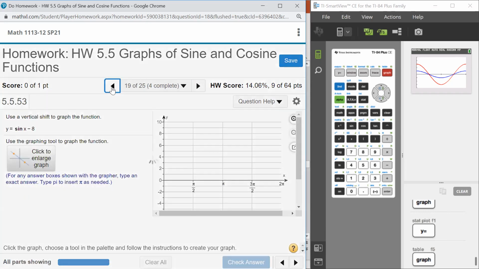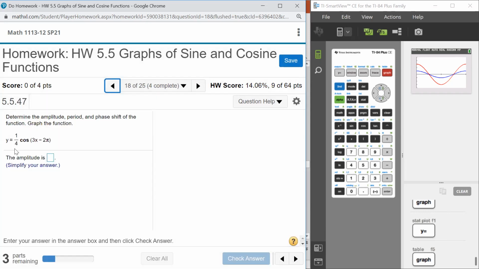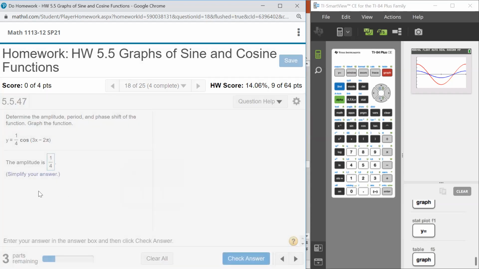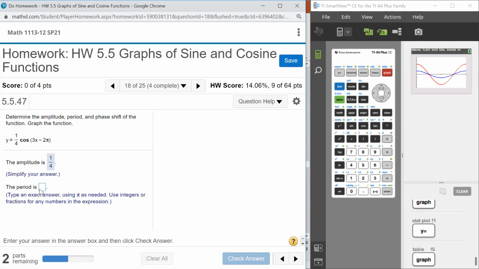Okay, let's do this one. Amplitude is A, or the 1 over 4. The period is whatever 2 pi over b is. So in this case, 2 pi over b would be 2 pi over 3. Remember, b is the number in front of x. So that's our period.